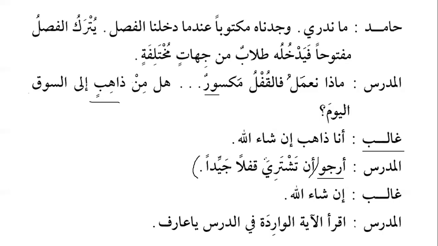Why تشتري has فتحة? Because of the effect of أن. Why is قفلا منصوب? It is مفعول به of تشتري. أنت تشتري. Excellent. أرجو أن تشتري قفلا جديدا. I request you to buy a new lock. غالبا إن شاء الله.